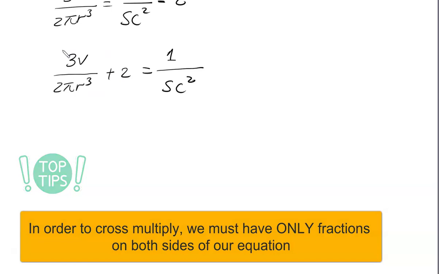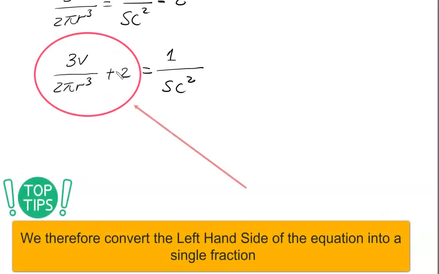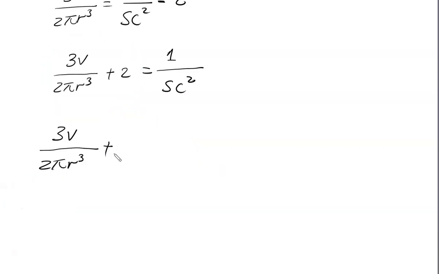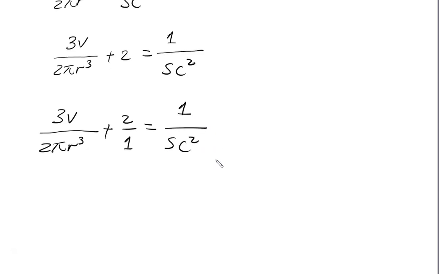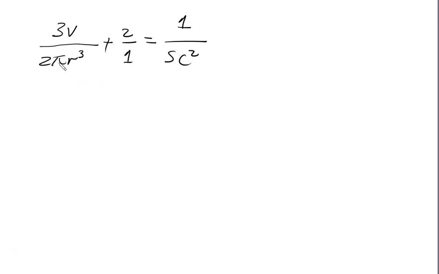To do that, we convert this whole left hand side of the equation into a fraction by converting this 2 into a fraction and then finding the LCM. So it will be 3v divided by 2 pi r cubed plus 2 over 1, which equals 1 over sc squared. We are not quite done yet, so we find the LCM of this and that. The LCM of 1 and anything will be that thing, which in this case is 2 pi r cubed.